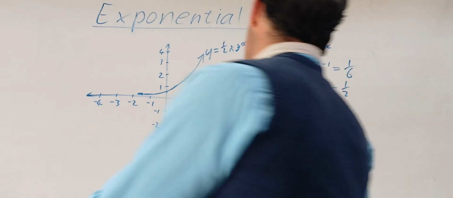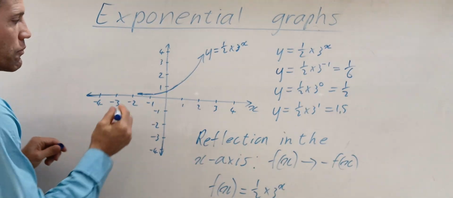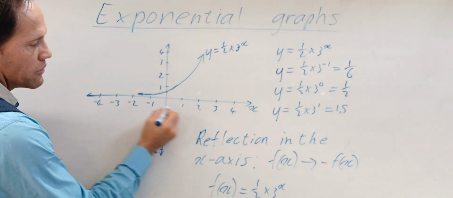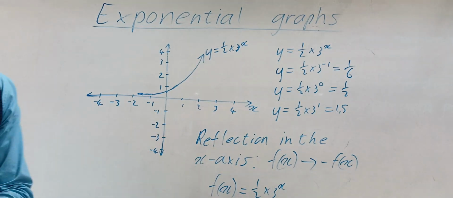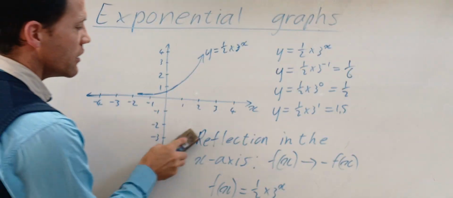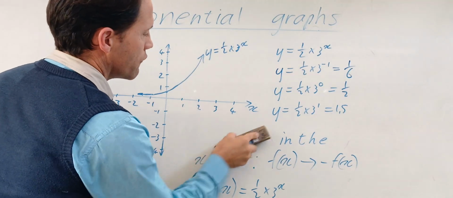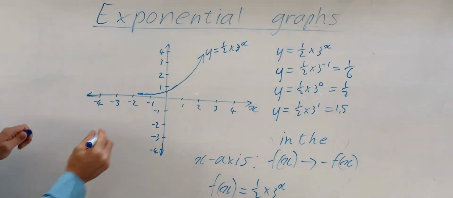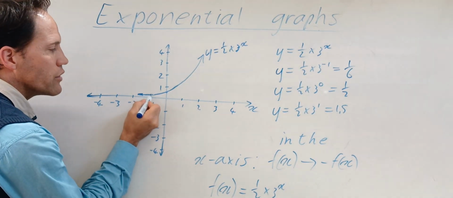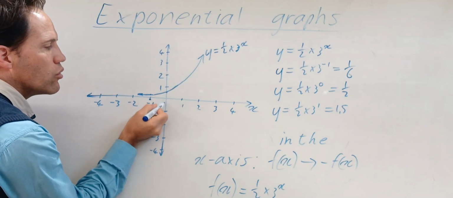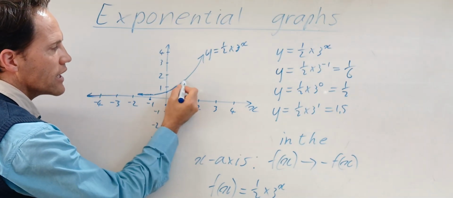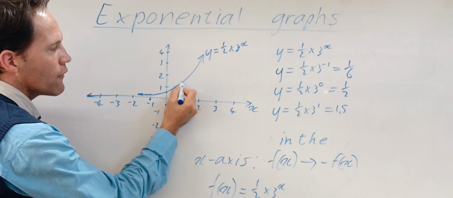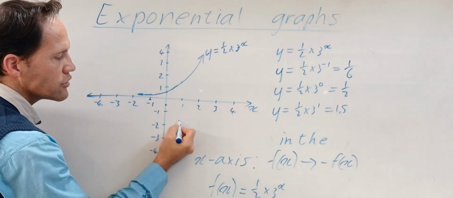Then the reflection would be on this side. If you want to sketch the reflection, I'll just take away that part. That coordinate will go this way, that coordinate will go this way, and that coordinate at 1.5 will go this way.